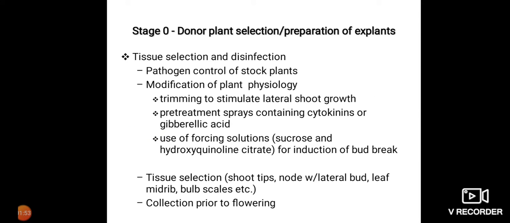People take the explant, clean it, wash it, then disinfect it, and after that it is transferred into a sterile medium. For that, pre-treatment with gibberellic acid and cytokinins is done.